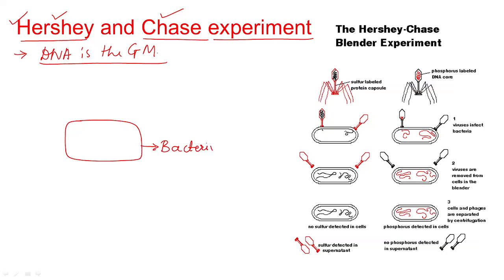This is a bacterium, and this bacterium was attacked by what? The bacteriophage, which was a virus. The virus that attacks a bacterium is called a bacteriophage.